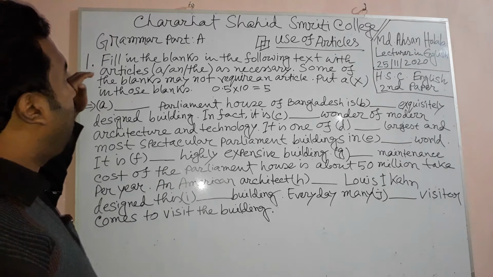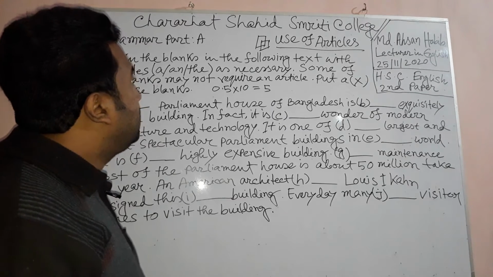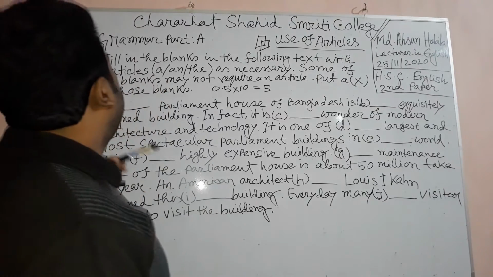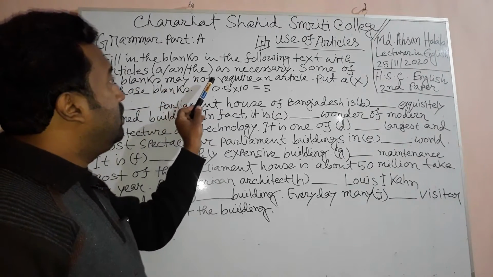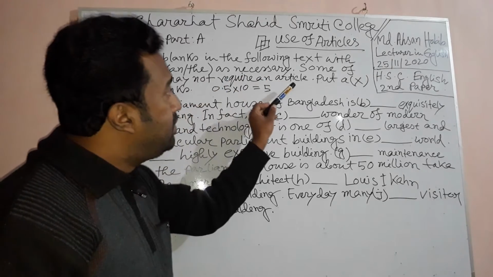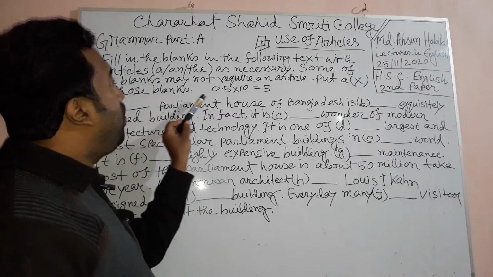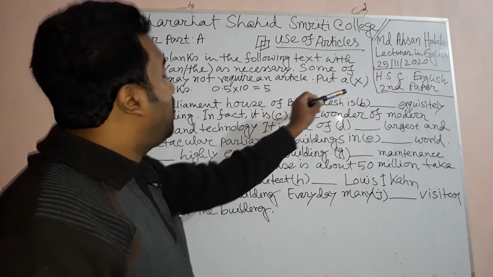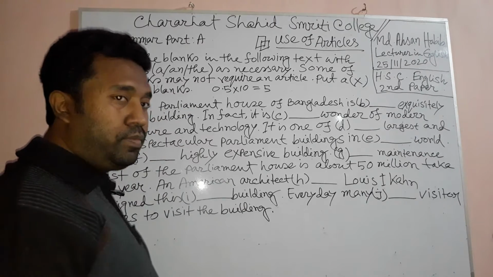I have written here: fill in the blanks in the following text with articles a, an or the as necessary. Some of the blanks may not require an article. Put a cross in those blanks.